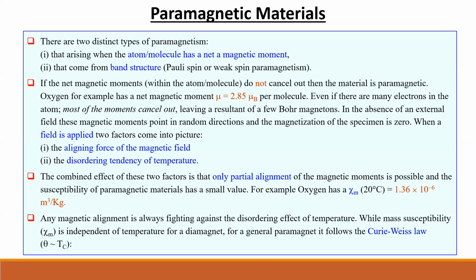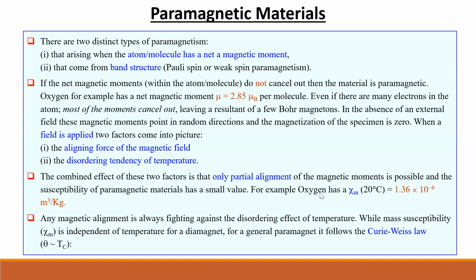When a field is applied, two factors come into the picture: the aligning force of the magnetic field and the disordering tendency of temperature. The combined effect of these two factors is that only partial alignment of the magnetic moments is possible, and the susceptibility of paramagnetic materials has a small value.